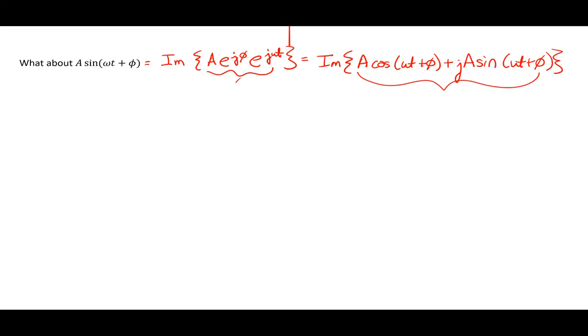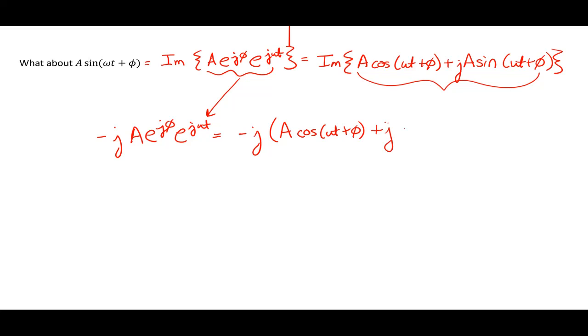I'm going to take this inside piece and multiply it by minus j. So minus j times e to the j phi, e to the j omega t. That would be minus j times a cosine omega t plus phi plus j times a sine omega t plus phi.